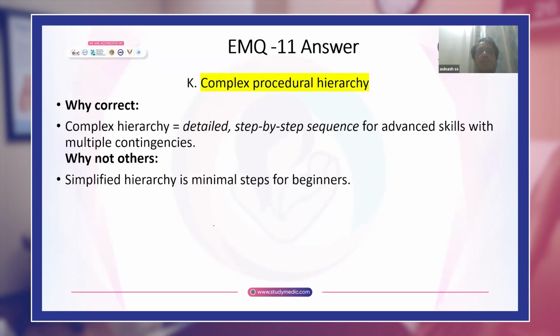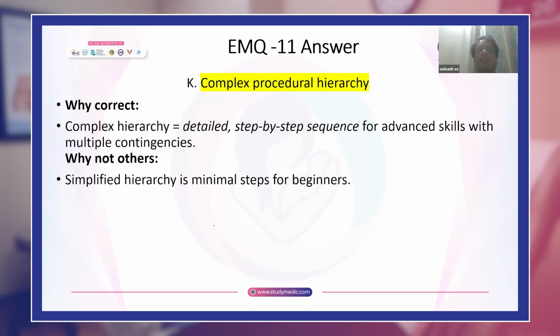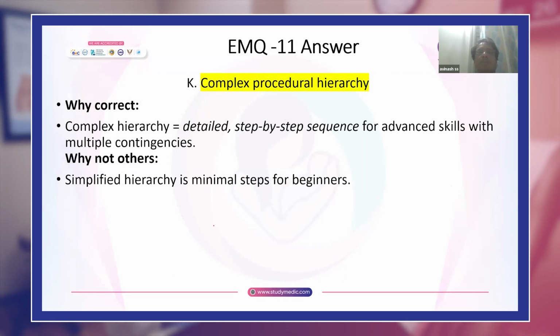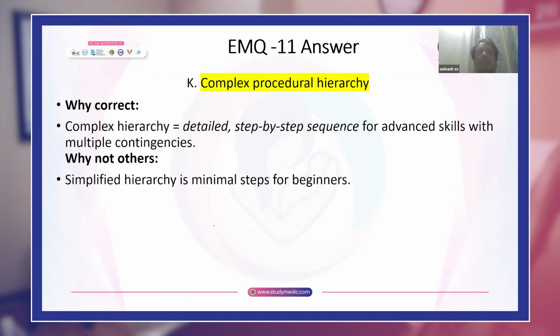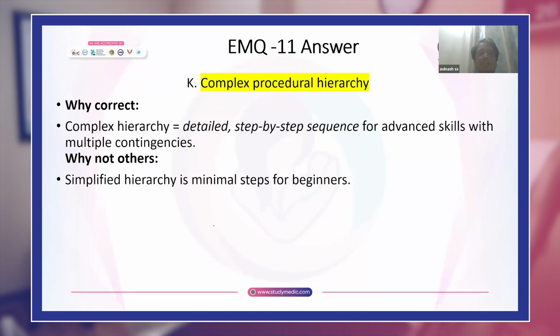the teacher showing the procedure and then the trainee trying to follow it. But this is not a very simple procedural demonstration where the trainee simply observes and learns. There are complex set points involved here. At each step, assessment, feedback, and refinement happen. And this is called complex procedural hierarchy.